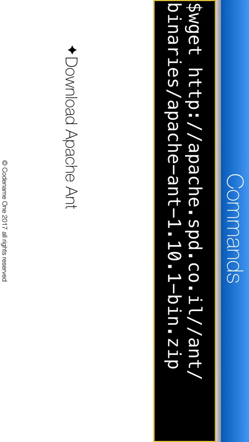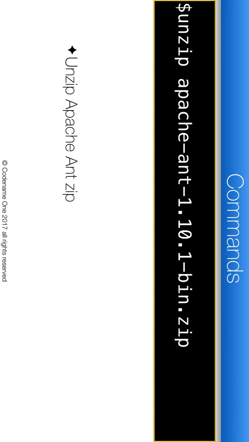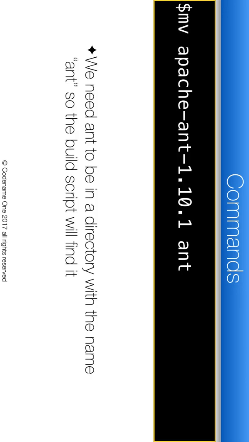The next step is to download Apache Ant, which we need in order to build the resulting application. We can unzip it in the user's home directory thanks to the unzip command we installed previously. Since the version number for Ant is a bit problematic, I'm renaming the directory Ant so the build process can find it.